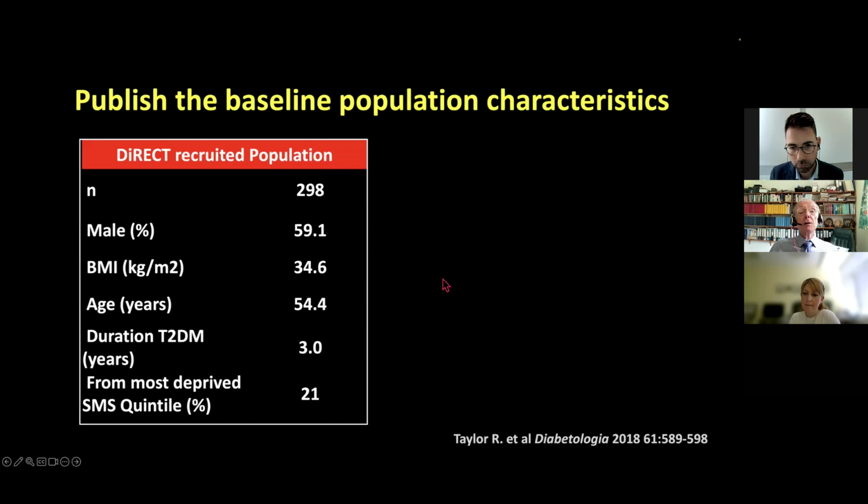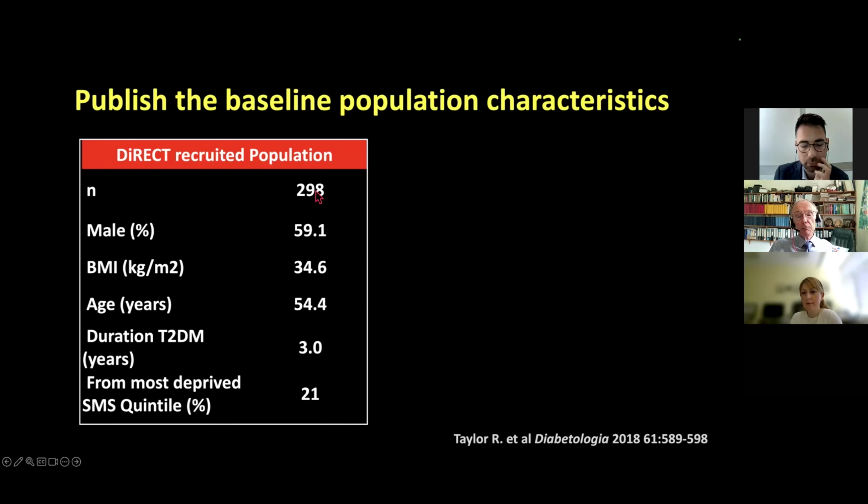Seeing those graphs, doctors came on board, agreed for their patients to be enrolled in the study, and we were going. And recruitment was not a problem, but it's important that you describe the population you're doing. And so we published in Diabetologia the baseline population characteristics.